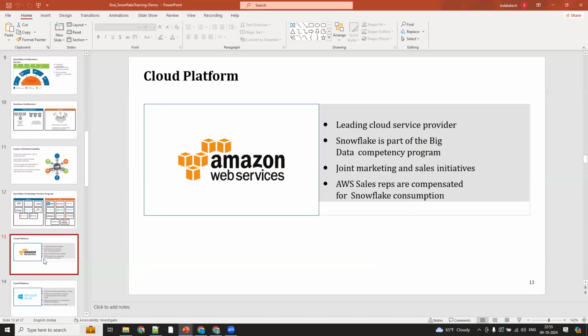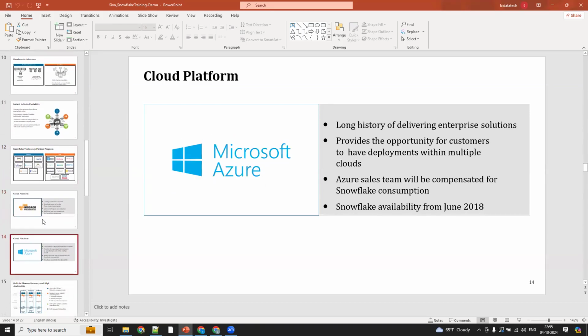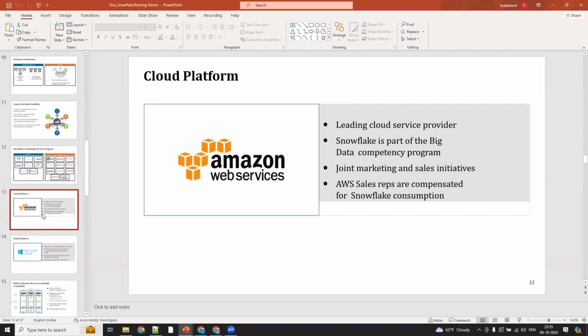Now, when did it come into the market? Initially, they tied up only with Amazon Web Services, AWS. They came into the market only with AWS back in 2014-15.